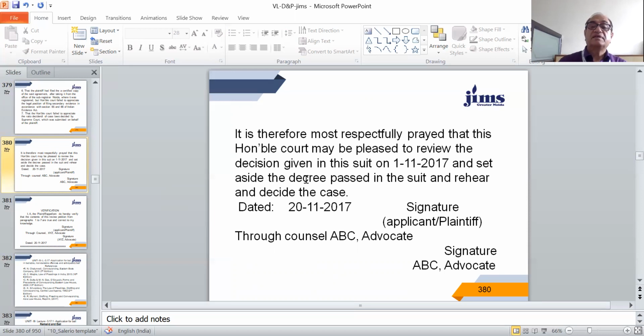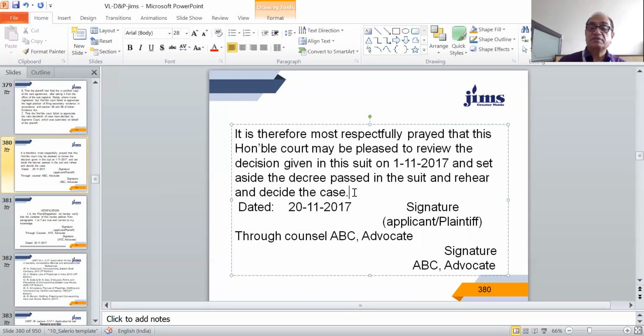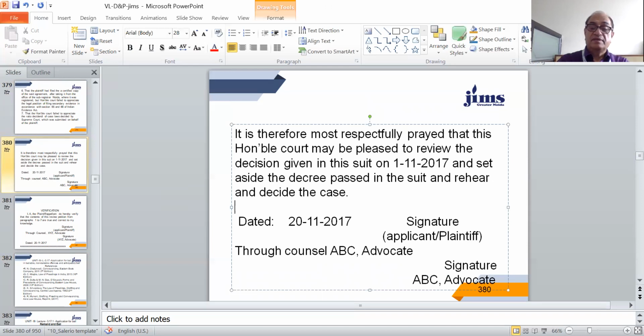Then you are supposed to mention the place where you have made this drafting. Say place, Noida, and then the date also. Dated 20th November 2017.